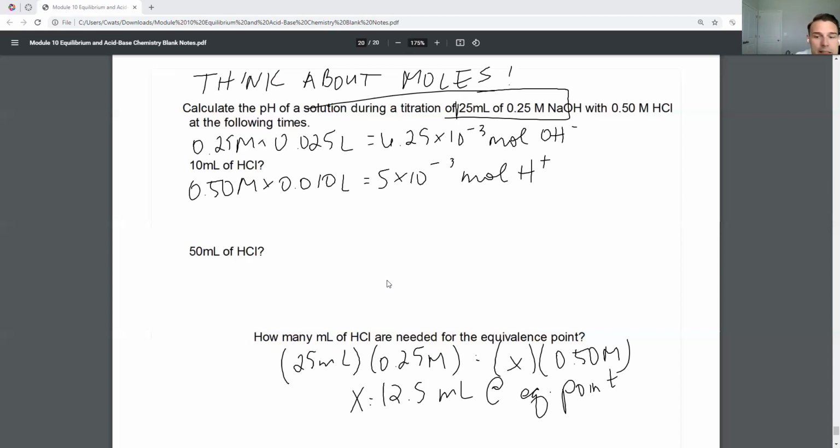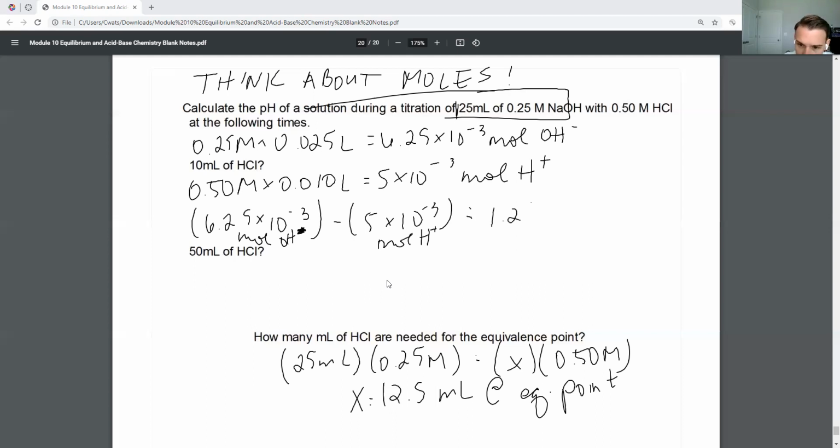So if I take 6.25 times 10 to the negative third, and I subtract 5 times 10 to the negative third, this would be the moles of the H plus. No, that's the OH minus, excuse me. That will give me 1.25 times 10 to the negative third moles after that.